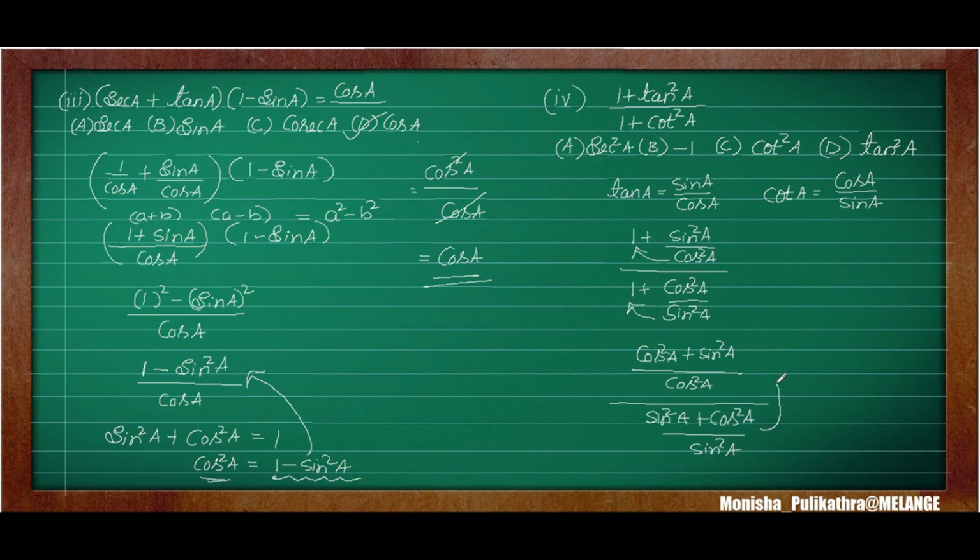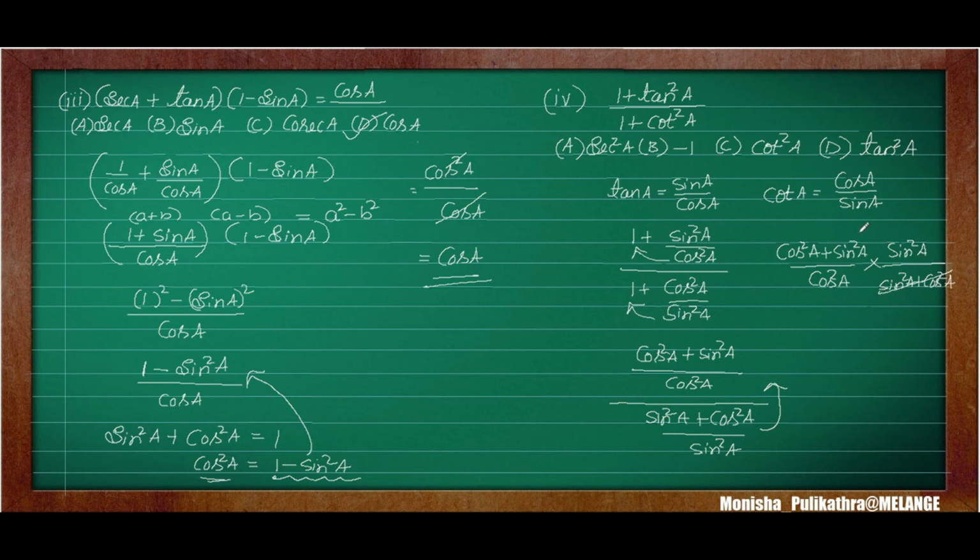Next I will be taking the reciprocal of it. So the numerator will become (cos square A plus sin square A) whole divided by cos square A. Next I will shift the denominator to the numerator section, so it will become the reciprocal, that is sin square A divided by (sin square A plus cos square A).